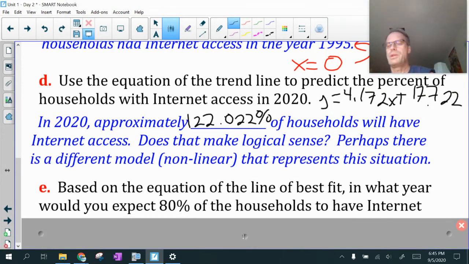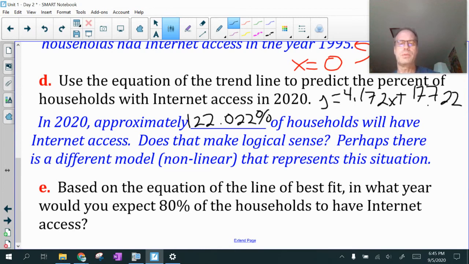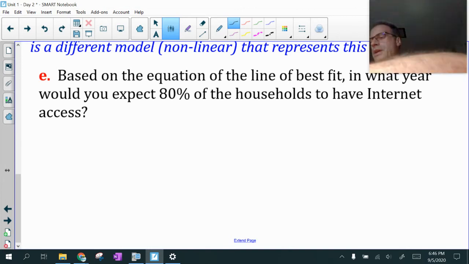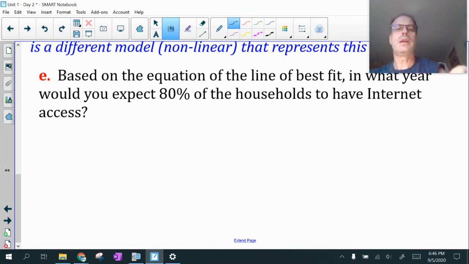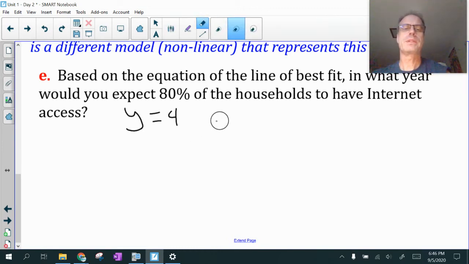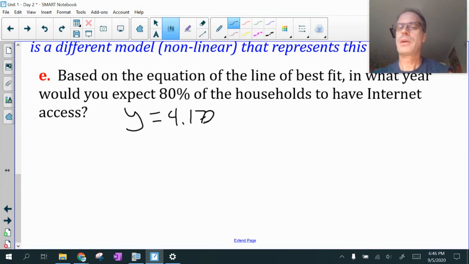Ooh, we've got one more equation, and I'm going to take a couple of minutes to go through this. Next, based off of the line of best fit, I am looking at y equals 4.172x plus 17.722.